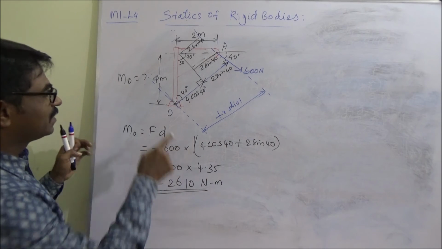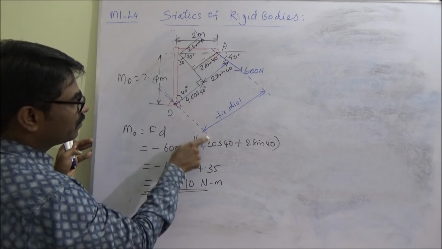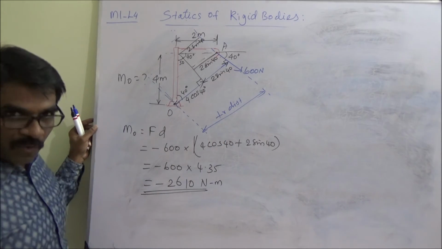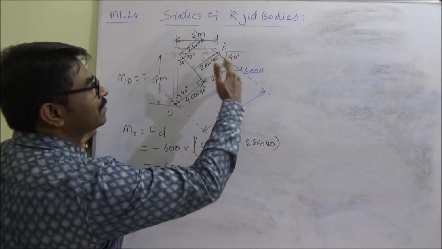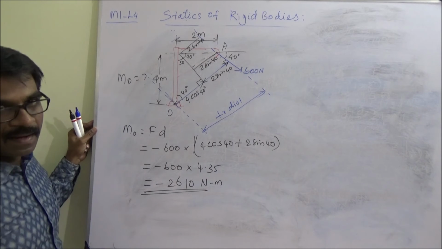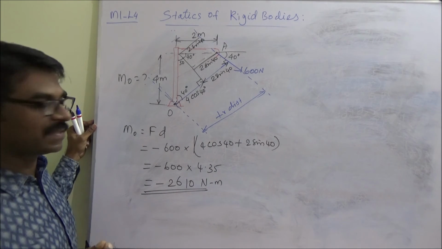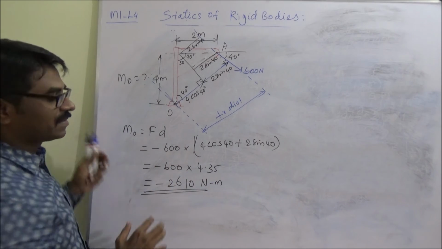For that, draw an imaginary line which is passing through O and which is parallel to the force, and the distance between two parallel lines is the perpendicular distance. So we obtained this.